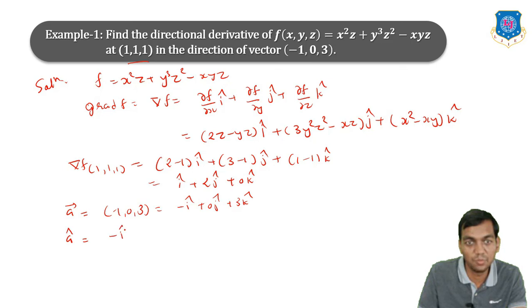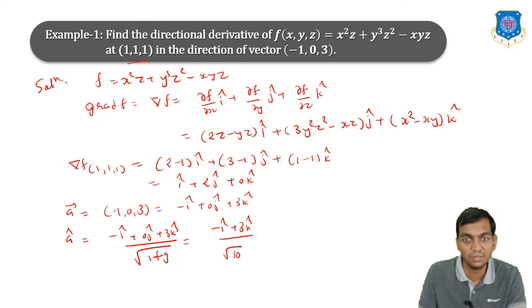So it will be minus i plus 0j plus 3k divided by root of 1 plus 9, and that will be minus i plus 3k divided by root 10. Okay, and therefore directional derivative is grad f dot a cap.